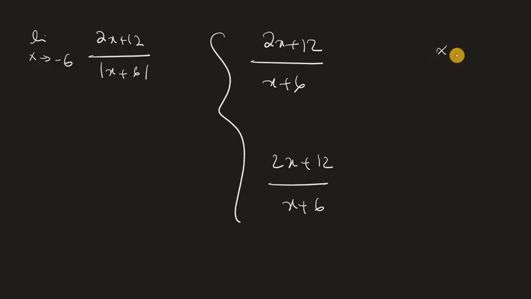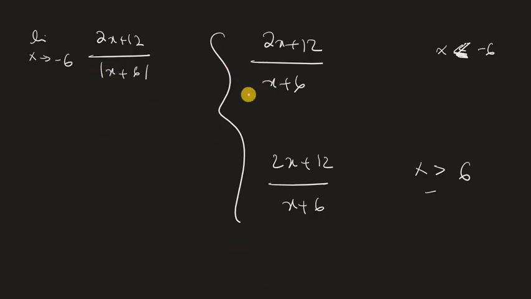For x less than or equal to, here it's 6, not 0. So here x is less than or equal to -6 and x is greater than or equal to -6, and here it should be only x less than -6.